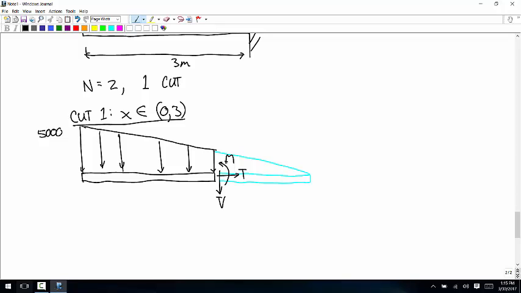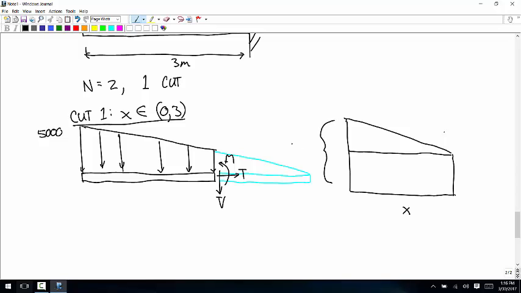Couldn't you just break it into a rectangle and a triangle? That's what we're going to do, yep. It's still going to be a pain, but yes, that's exactly what we're going to do. So, here's our shape. We'll break it up like that. We know that this width is x. We know that the whole height here is 5,000.